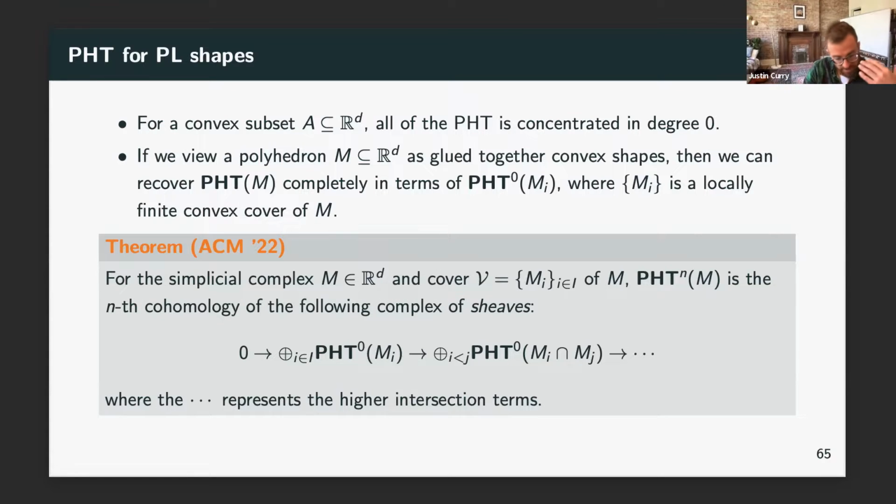But we still know that you can recover the cohomology of the space from a cover by using this kind of Vietoris spectral sequence argument. And so I think all that is beautifully expressed in the language of cellular sheaf theory. It just maybe isn't quite as exciting because old school algebraic topologists will be like, oh yeah, I'm familiar with that, but you're just calling it a different thing.